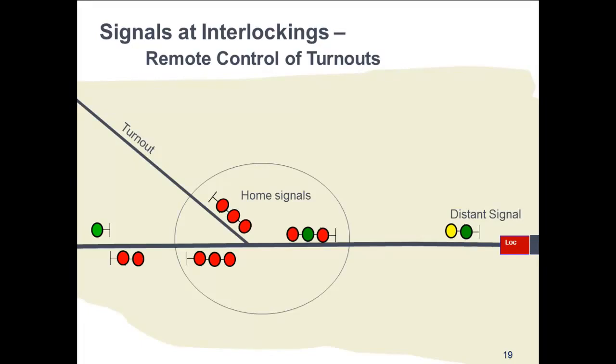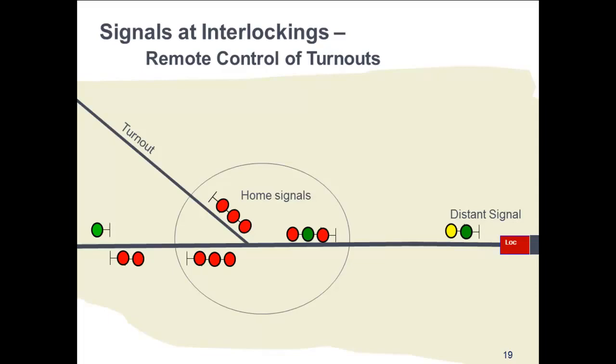The dispatcher will typically touch or use a cursor on a screen the entry and exit points of the interlocking and sends the request. The signal logic in the central instrument house actually clears the signals based on the aspect of signals at adjoining blocks.